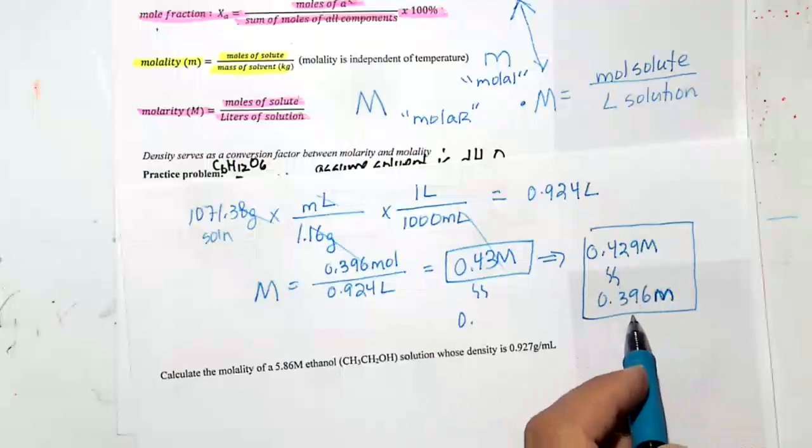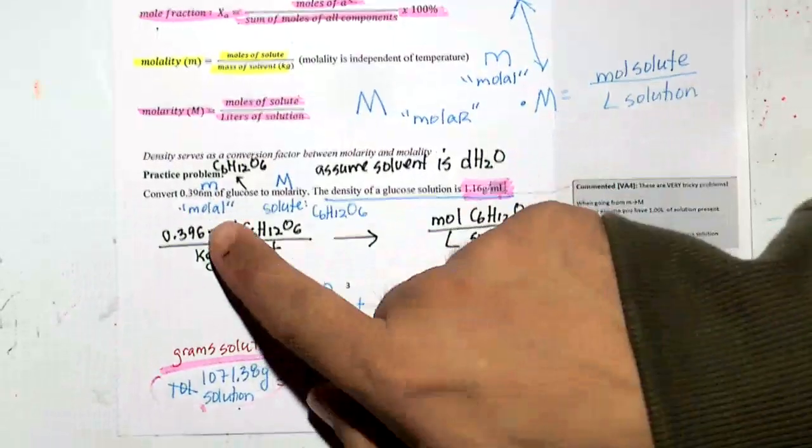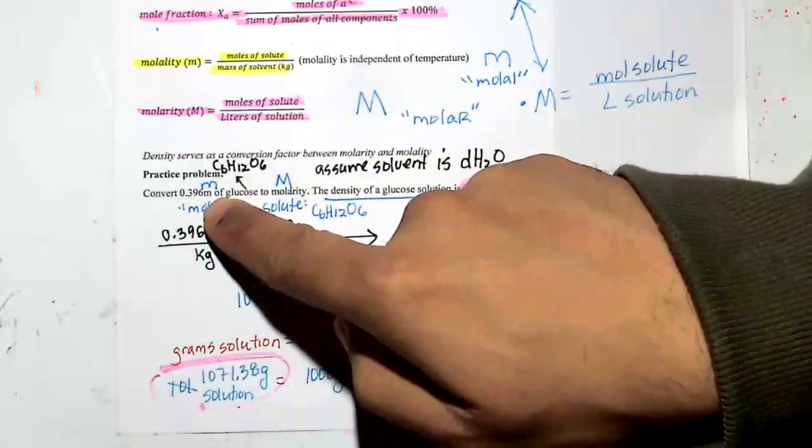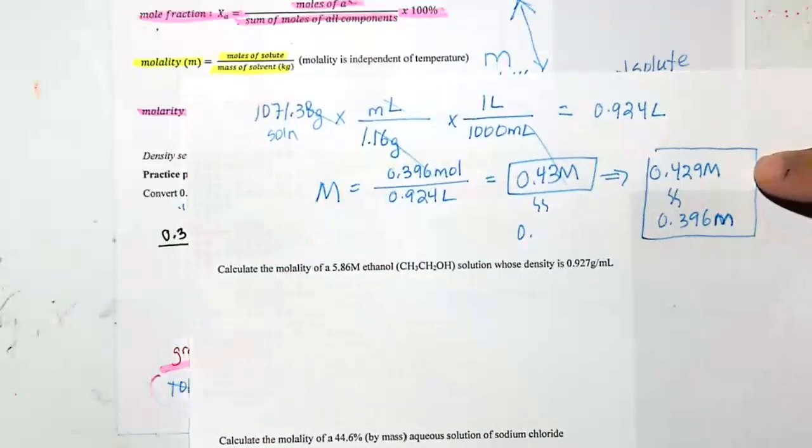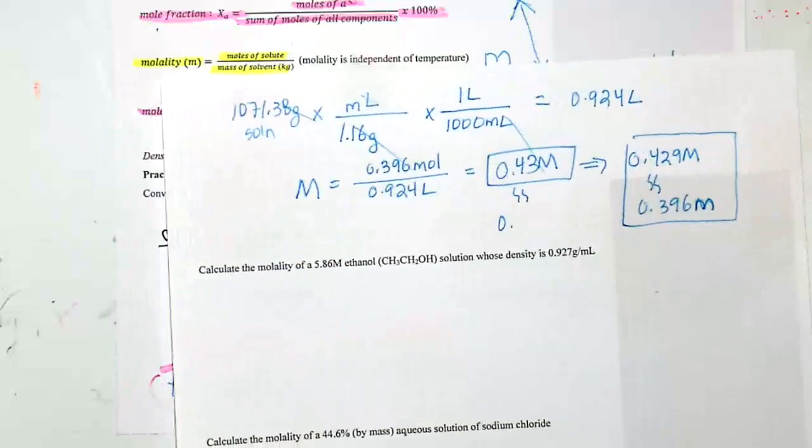The reason why I did 3 decimal places is because the molal they reported in the problem is 3 decimal places. Okay, but on an exam, I won't be that picky. So 0.396 molal glucose solution is the same as 0.429 molar glucose solution. Okay.